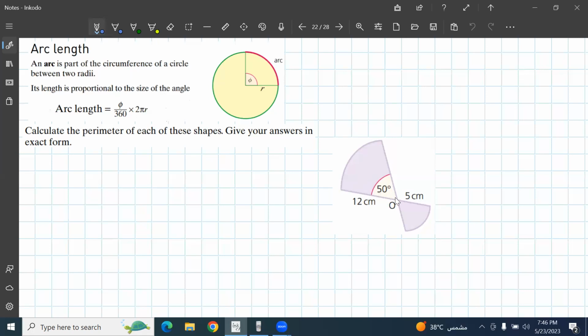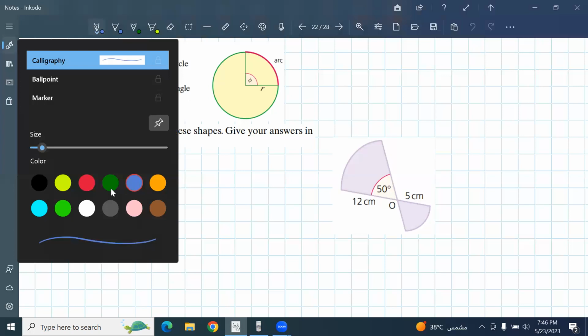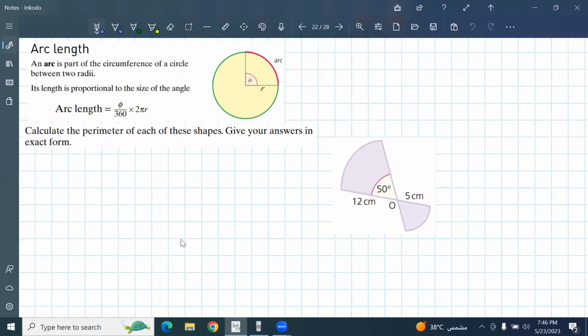Here we have a question. As you can see, this line represents the arc length. How to calculate the arc length? These lines intersect each other, so the angles which are vertically opposite are equal.